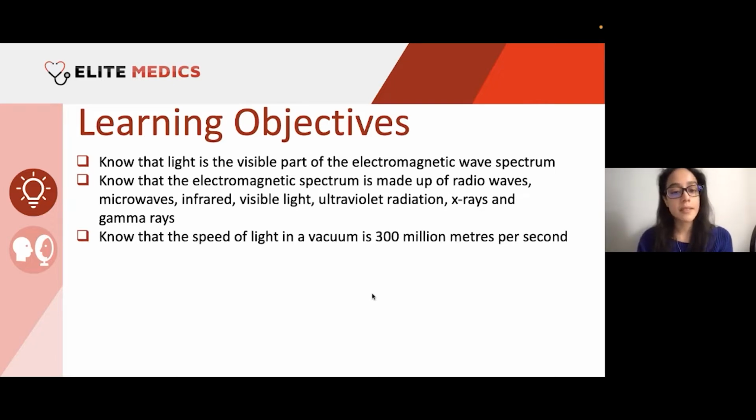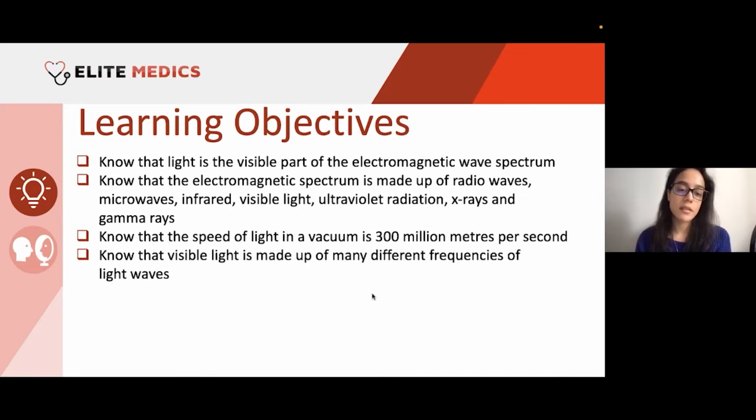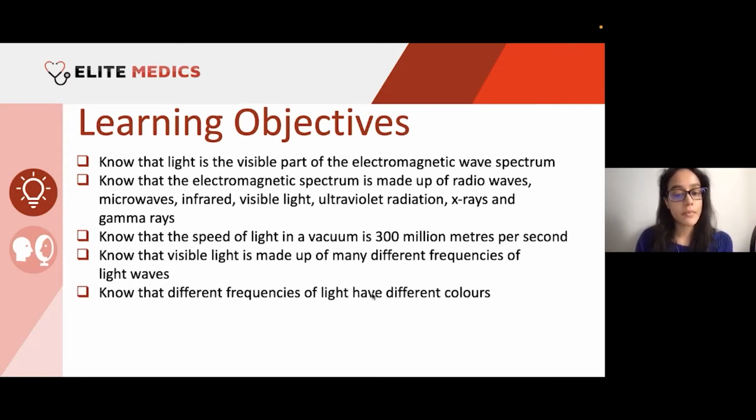We'll be understanding that the speed of light in a vacuum is 300 million meters per second. We will learn a bit more about visible light and how it's made up of lots of different frequencies of light waves. And finally, we will know that different frequencies of light have different colors.